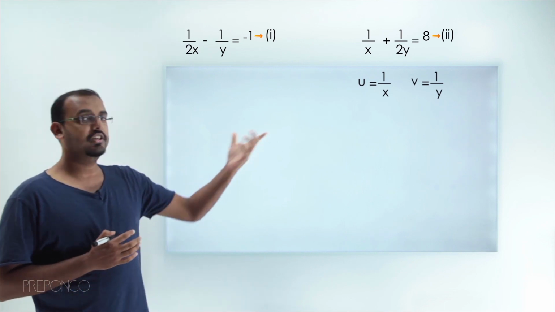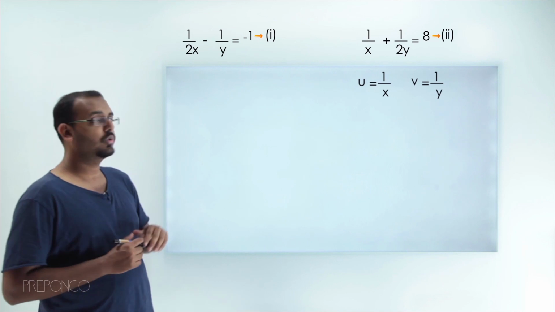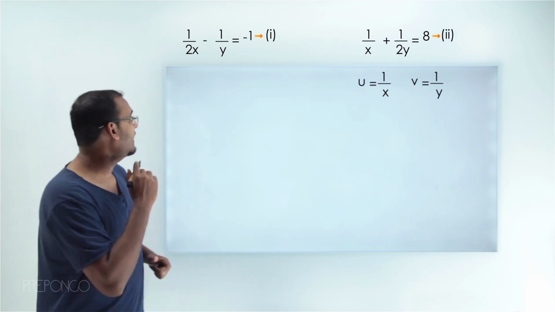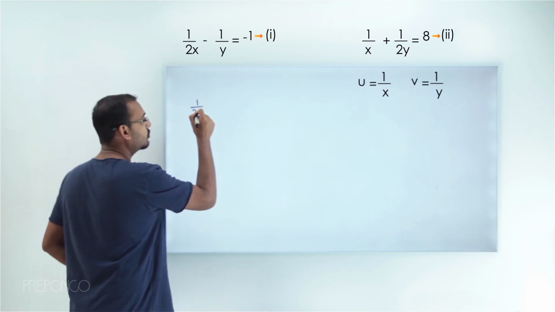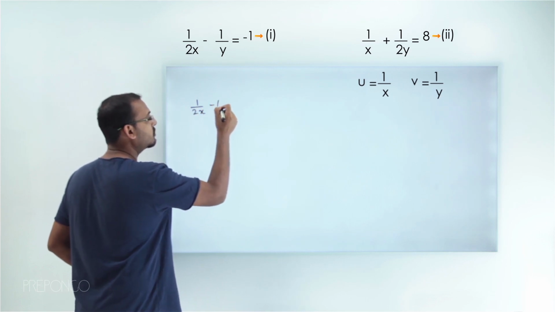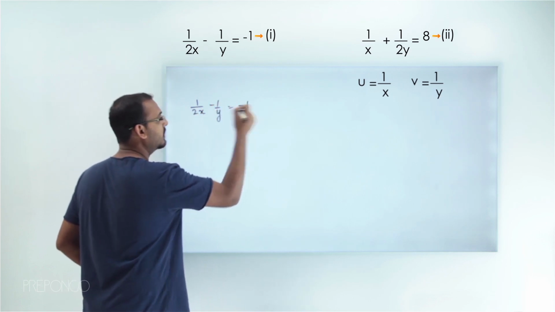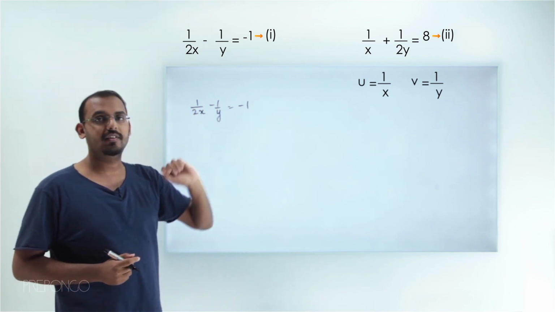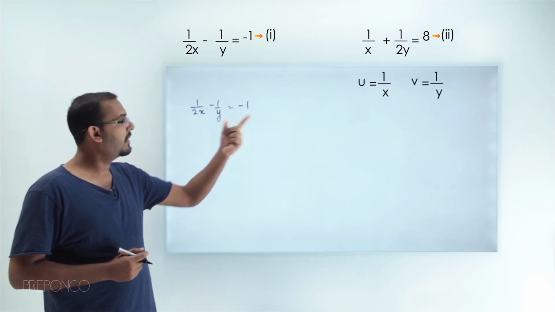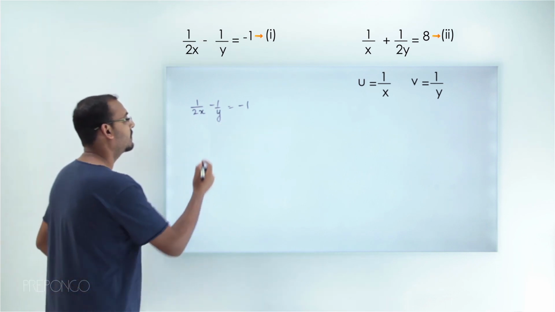So now if I use these two values and try to rewrite these equations, the first equation is 1 by 2x minus 1 by y is equal to minus 1, right? Now in the place of 1 by x, I can substitute the value u, and in the place of 1 by y, I can substitute the value v.